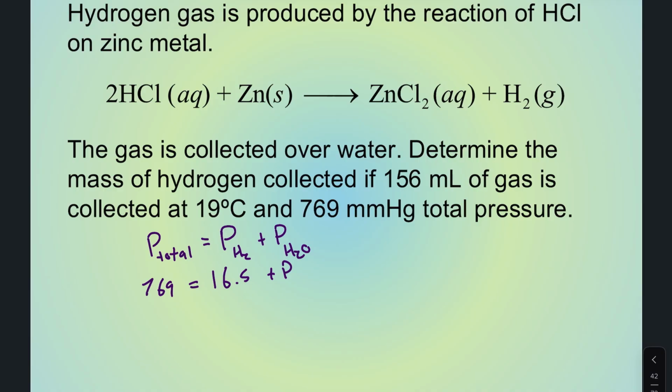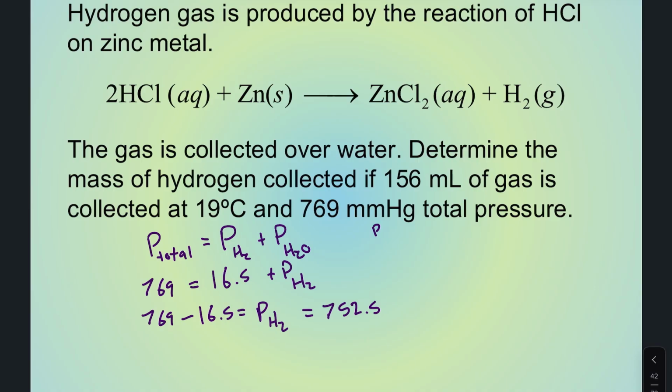And so from this, the pressure due to just H2 is going to be 769 minus 16.5, which is going to equal the pressure of just H2. And so this value ends up being 752.5 millimeters of mercury.